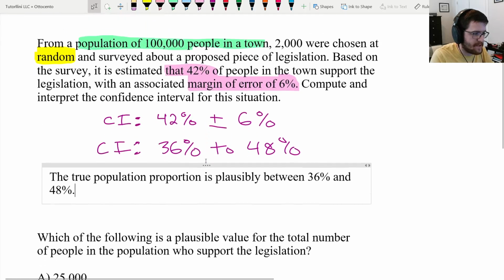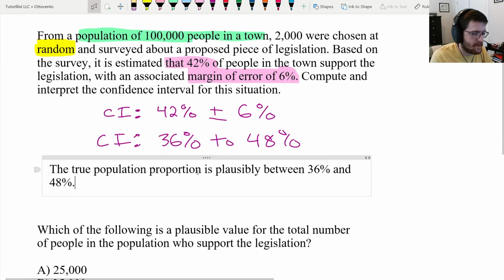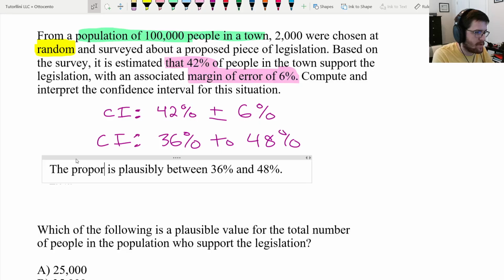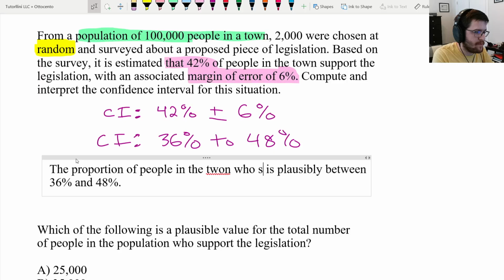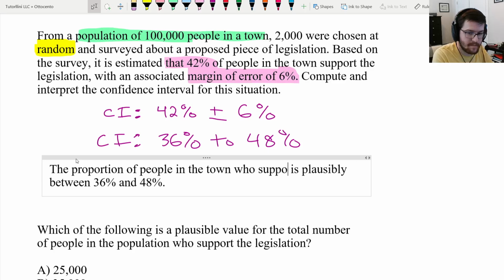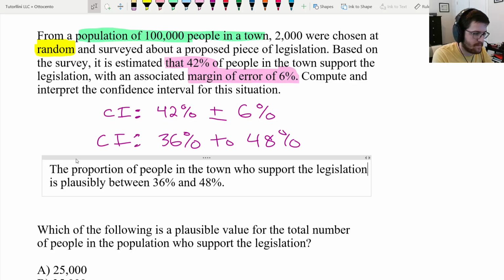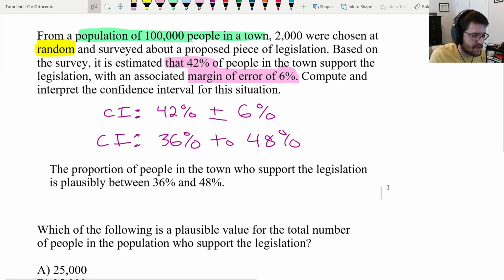Now we got to replace that true population proportion with whatever it is in the problem. So I'm going to say the proportion of people in the town who support the legislation is plausibly between 36% and 48%.